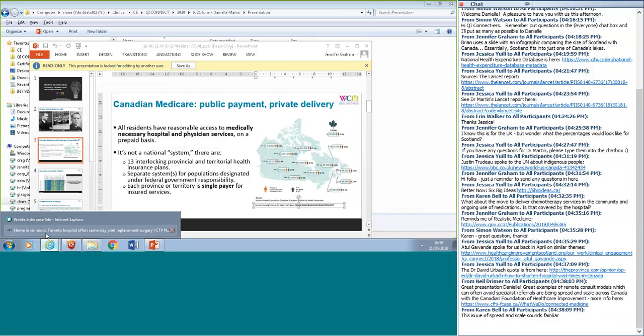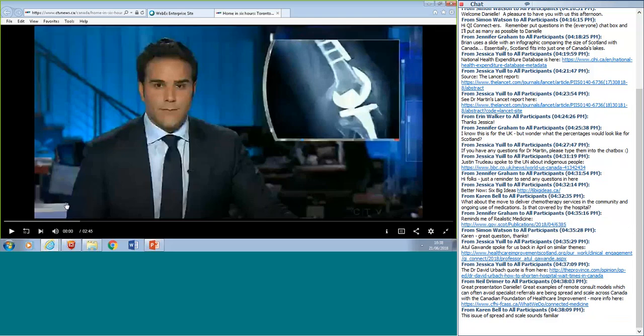This program is intended, in one of the ways that we know that wait times for hip and knee replacements, which are quite long in some parts of the country, one of the backlogs, or the choke points, if you will, in access to elective surgery is hospital beds, because surgeries end up being canceled when there isn't a bed available to put that patient into. So it's not always about operating room time or access to surgeons or nurses. So instead what we've done is this same-day knee replacement, and I'm going to show you a brief video about that now.